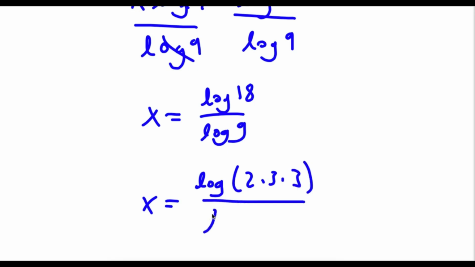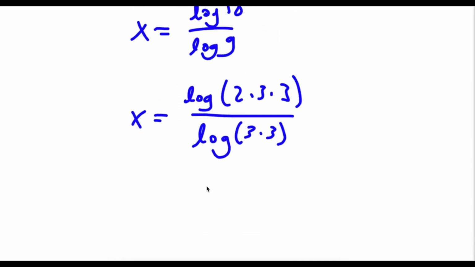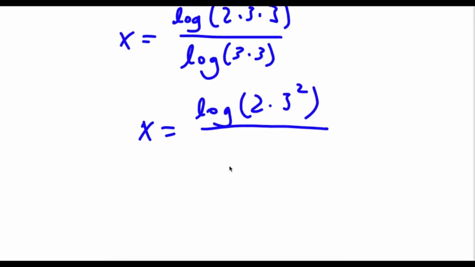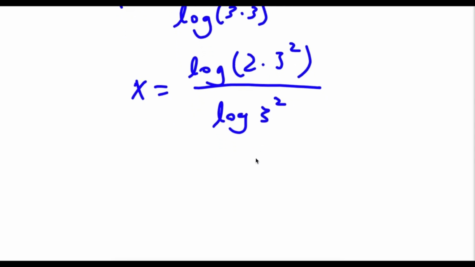Log 9, this is the same thing as log 3 times 3. Now, I have x is equal to log of 2 times 3 squared, since 3 times 3 is the same thing as 3 squared. And in the denominator, 3 times 3 is the same thing as 3 squared, so I have log 3 squared.